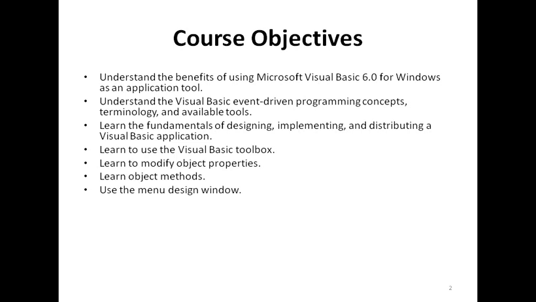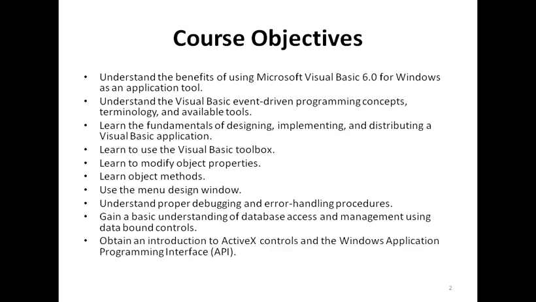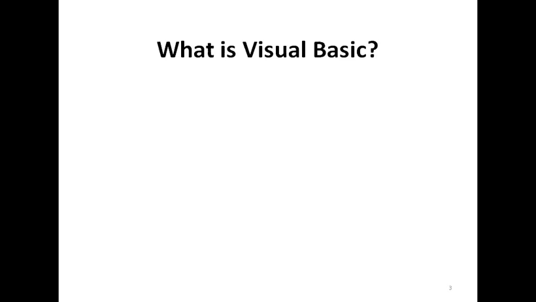Learn object methods. Use the menu design window. Understand proper debugging and error handling procedures. Gain a basic understanding of database access and management using data bound controls. Obtain an introduction to ActiveX controls and the Windows application programming interface, API.